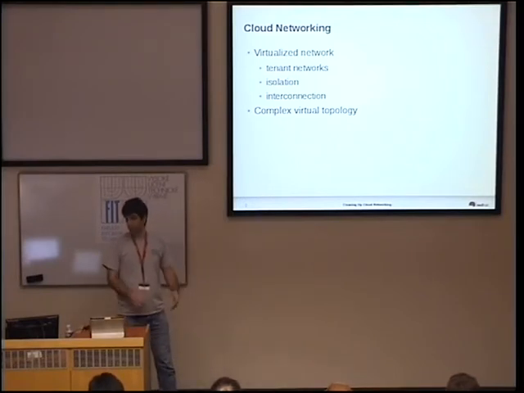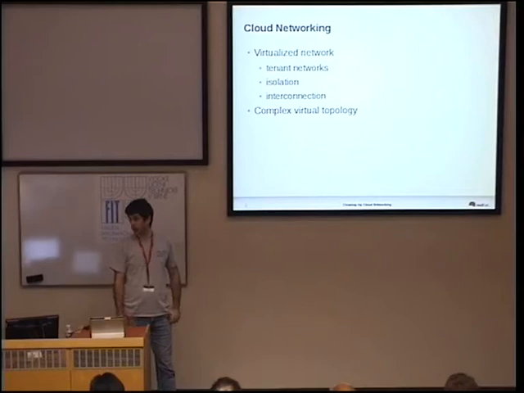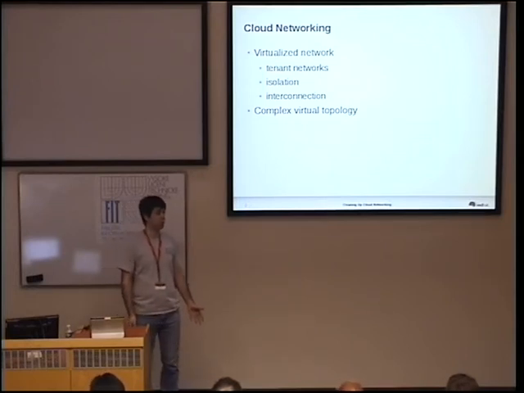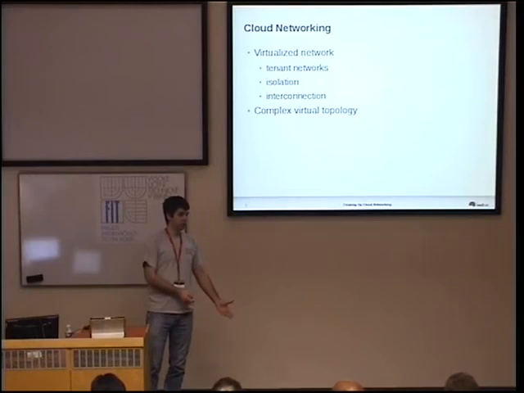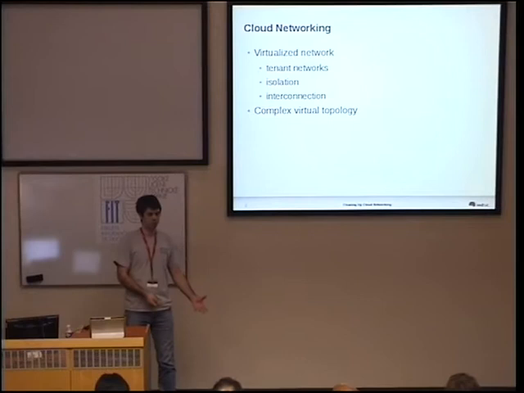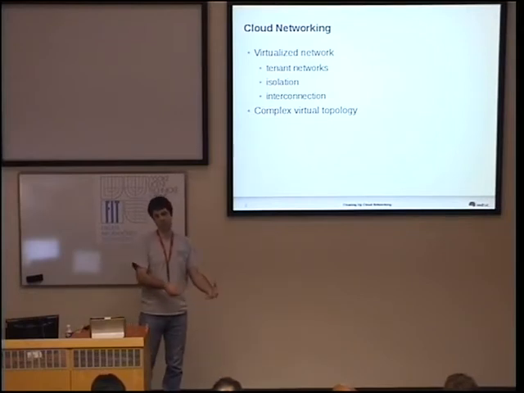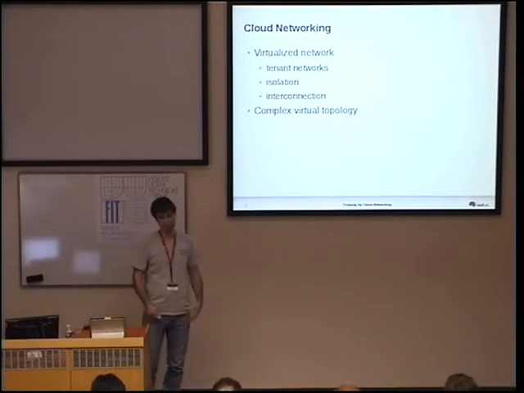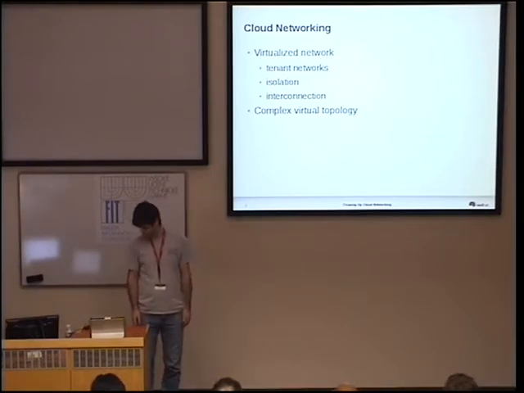So those virtualized local networks are called tenant networks, and the important concept is isolation of different tenant networks, and at the same time interconnection, because you want those computers or virtual machines to access the internet and access publicly available services from the other tenant networks.